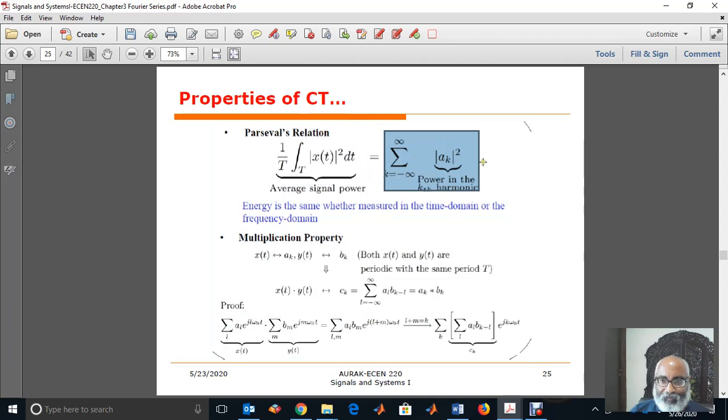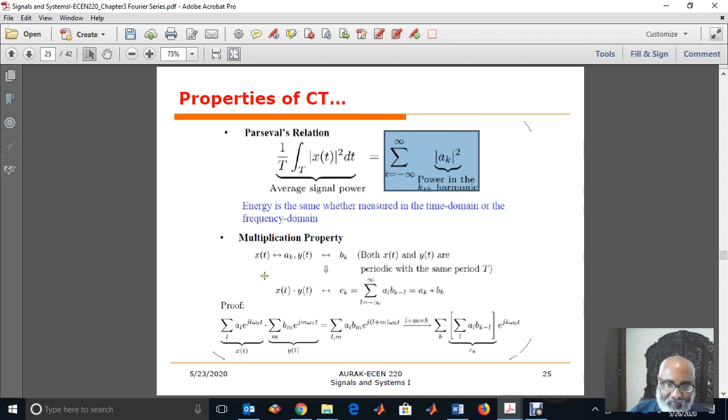If the summation of this series is convergent, it's very easy to find the power using frequency domain. If I have, for example, only a few coefficients, or if the a_k are approximately 0 for higher k, then you can use this approximation.